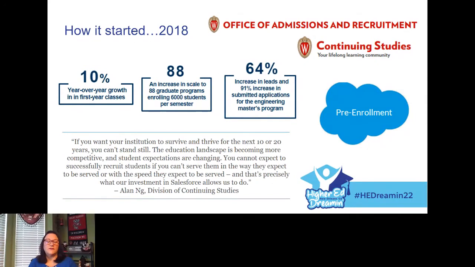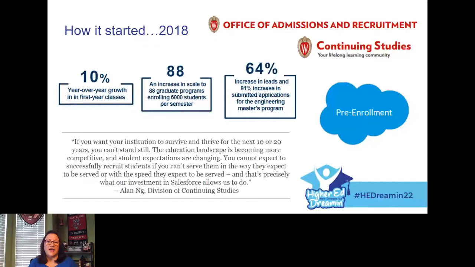And one of the visionaries in this group from the Division of Continuing Studies is Alan Ng. He's one of our biggest champions of Salesforce on campus. And he really put it well by saying the education landscape is becoming more competitive and student expectations are changing. That is true now more than ever. When we think about the current environment with the pandemic, and even from what we heard on our keynote, this is more true than ever. So we've seen a lot of really good success from 2018.